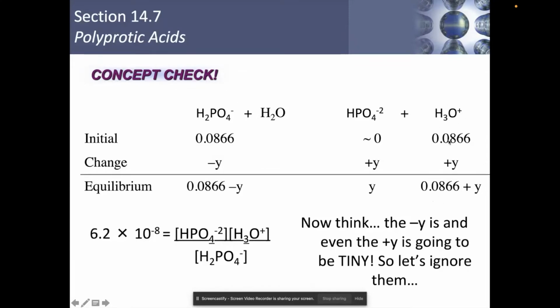Remember, almost all of the hydronium ion was already made in the first step. We're not really gaining any extra hydronium ions from this second step. So I'm going to say we can ignore this minus Y and this plus Y. It makes it way easier. I have this, so this cancels already. So Y is literally equal to the equilibrium constant.